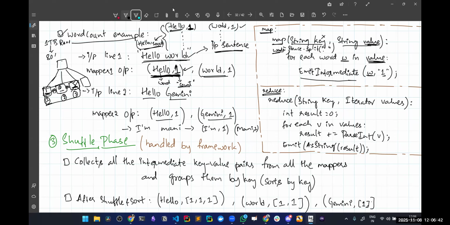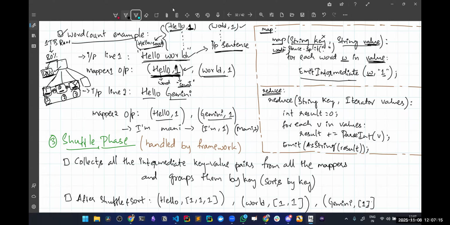As soon as 80% of this gets filled up, I'll dump this to a disk. Like that, I'll dump all of my intermediate output of map to the disk of this particular machine. Every single machine dumps the data to its disk, where it is durable. Even if there are restarts, or some issue with the map output, we can always get the data from the disk, right? So that is one thing.